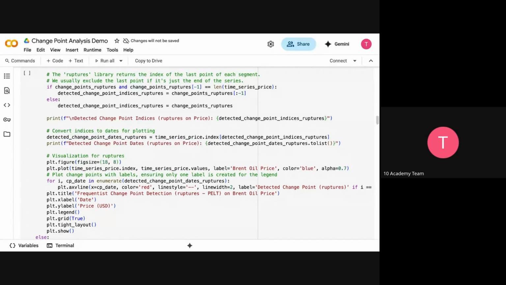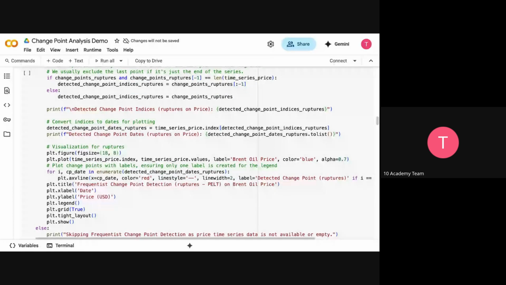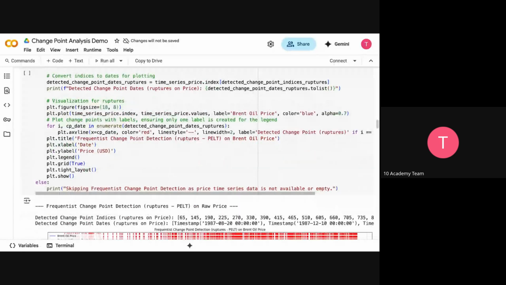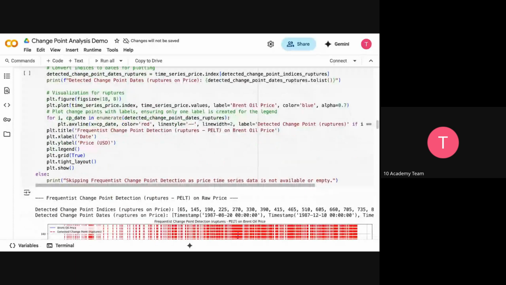So here it will tell you the indices. Since we have converted the time series data into an array, you're going to have the index of the place where the change occurred. So it's going to tell you that, and then here it is just going to plot the change points.